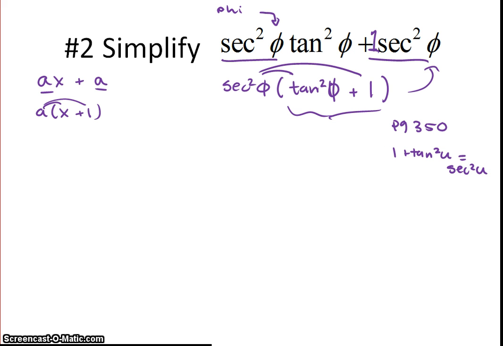So we can replace the tangent squared plus 1 with the secant squared because it is equivalent. Instead of u, we have the phi. So we have secant squared of phi times, in parentheses, secant squared of phi using the Pythagorean identity.